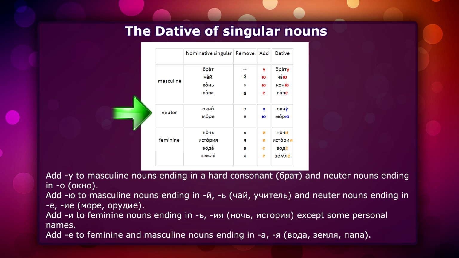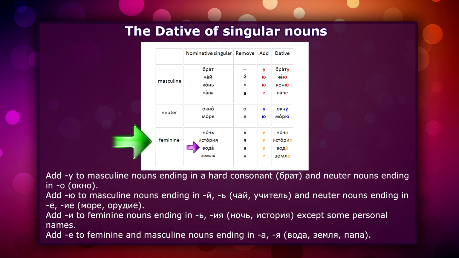Now, neuter nouns. If a neuter noun ends in o, we remove it and add an ending u. Окно, окну. If this noun ends in ye, we remove it and add u. Море, морю. Feminine nouns. If they end in a soft sign, we remove it and add e. Ночь, ночи.